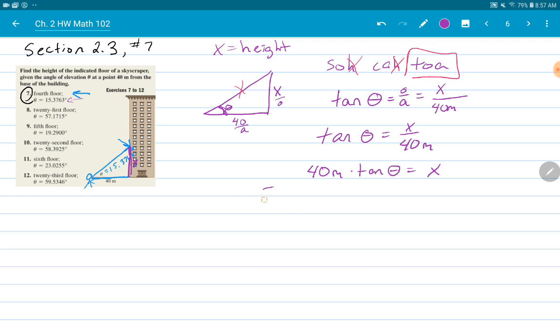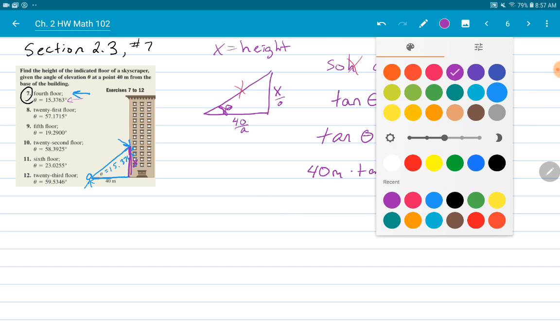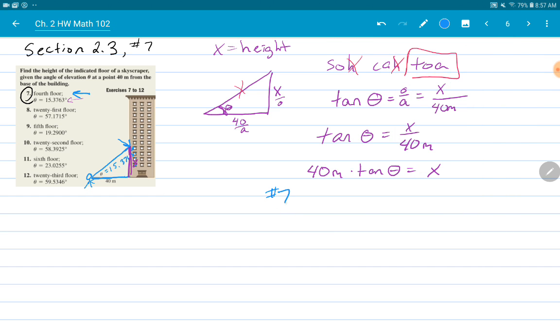So in this case, on number 7, I'm going to switch to blue because for number 7 I did a little blue there. So for number 7 I get 40 meters times tangent of 15.3763 degrees. So this one is a calculator.